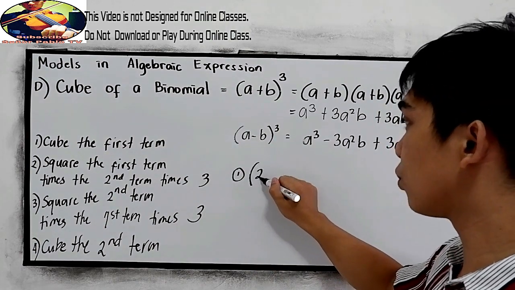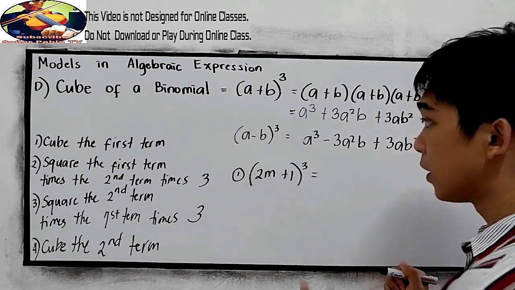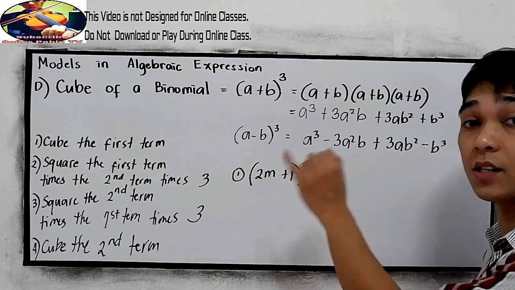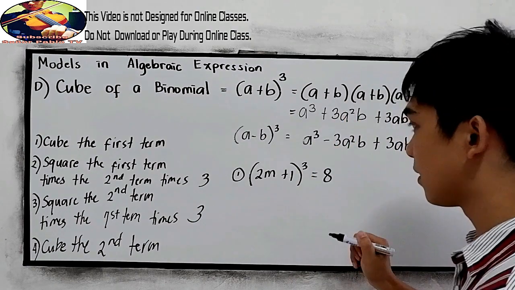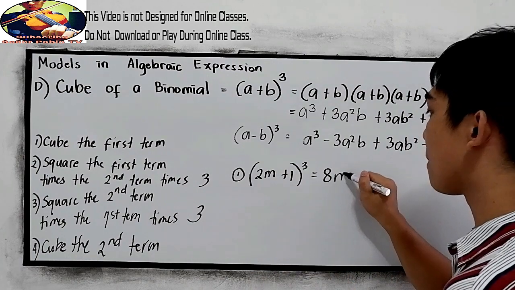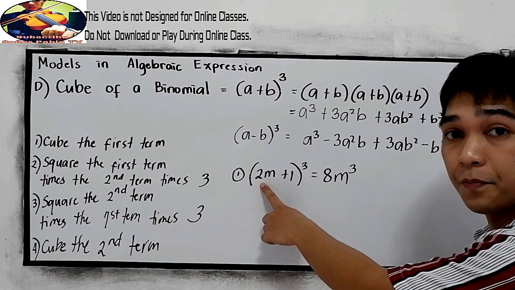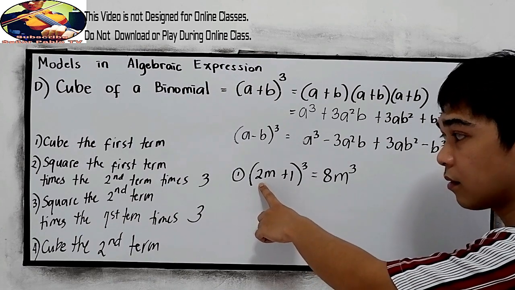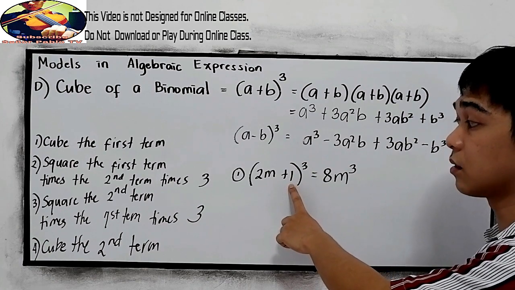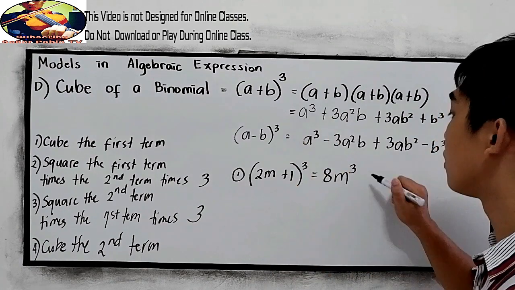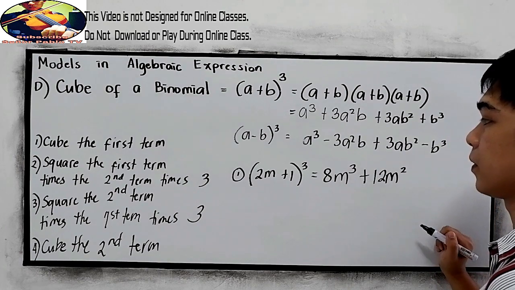Let's say we have 2m plus 1 cubed. Cube the first term, that is 2 times 2 times 2, which is 8. Then we have m cubed. Next, square the first term. It's 2 squared times 1, that is 4 times 3, positive 12m squared.